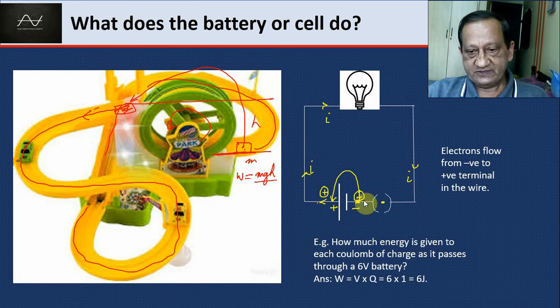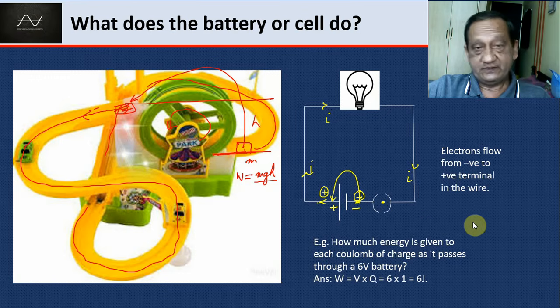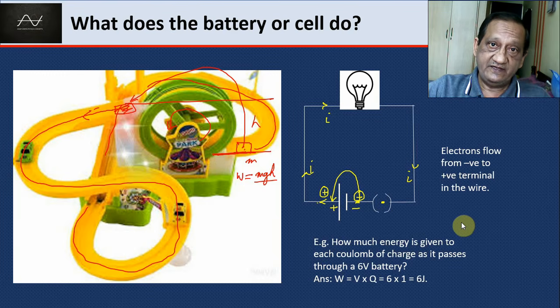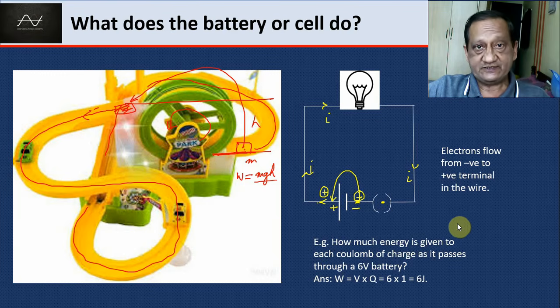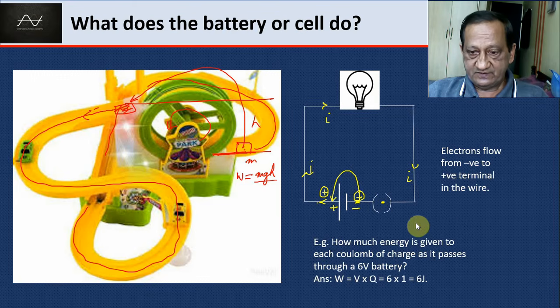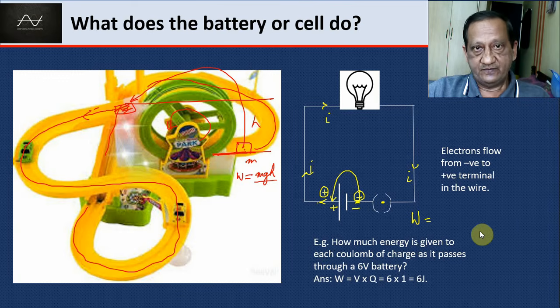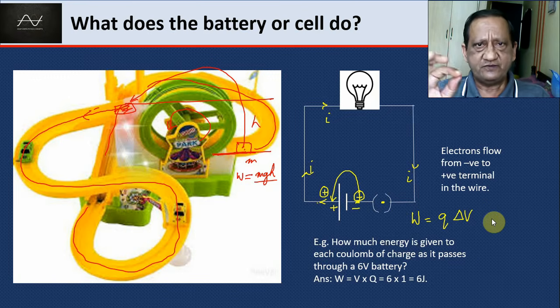So, how much is the work done? Now, think about the concept of potential energy, etc., that we discussed. The work done was equal to the charge multiplied by the potential difference, delta V. Potential was the work done per unit charge, right?